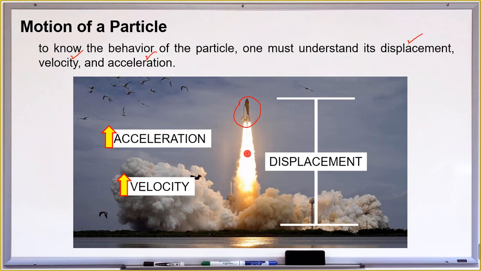It is not abrupt, it is gradual. So if the take-off happens gradually, then acceleration comes in. It plays a big role because it tracks how fast the space shuttle changes its speed or velocity.